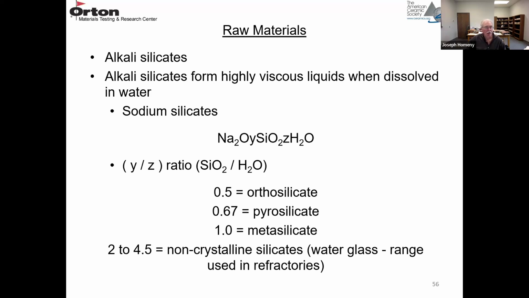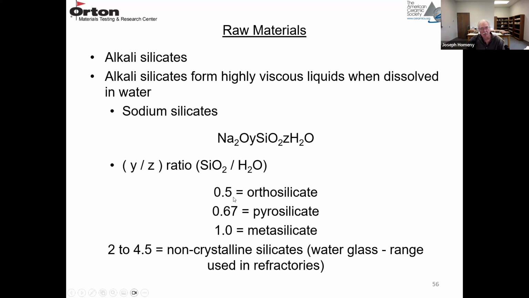So the alkali silicates, they just form a very viscous liquid when they're dissolved in water. And this is the formula for the sodium silicates: Na2O, then Y SiO2, and Z H2O. So the ratio of Y to Z, which is the ratio of the silica to the water, determines the type of silicate that forms.